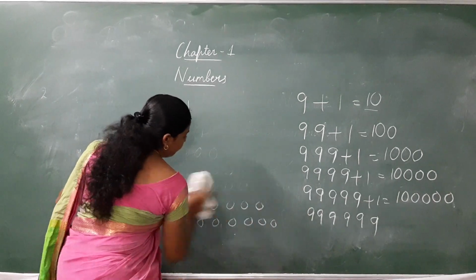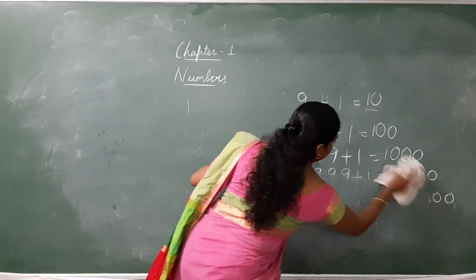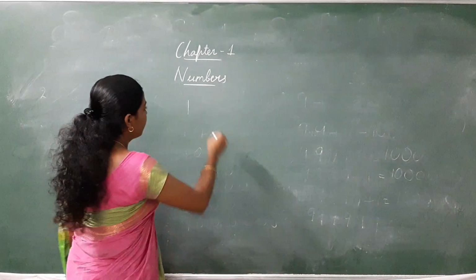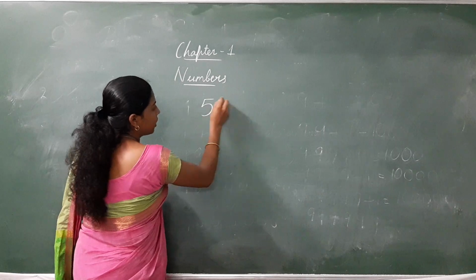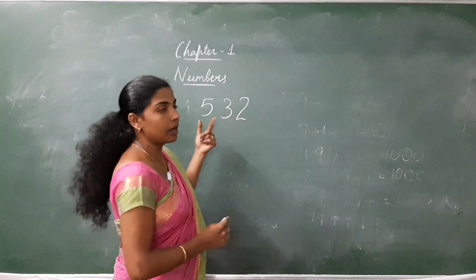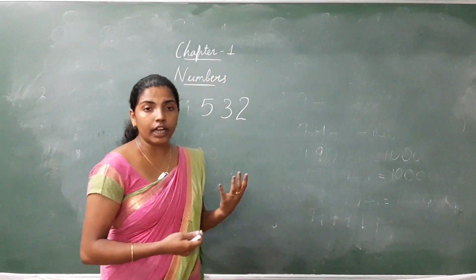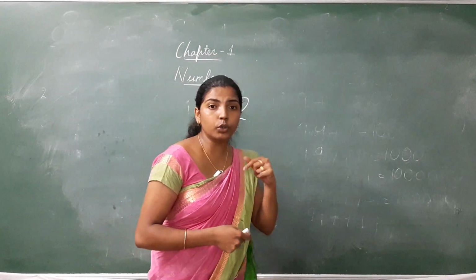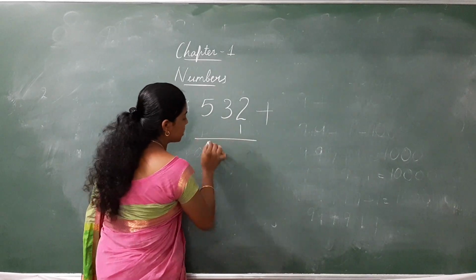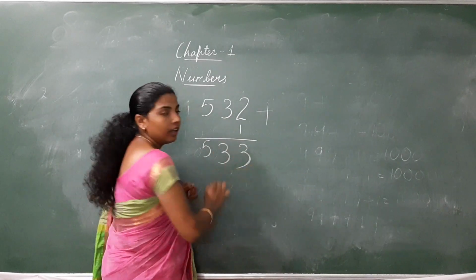For example, 532. Here we have to find the successor of this number 532. For that, what should we do? We should add 1 to that number. That means 532 plus 1, which is 533.